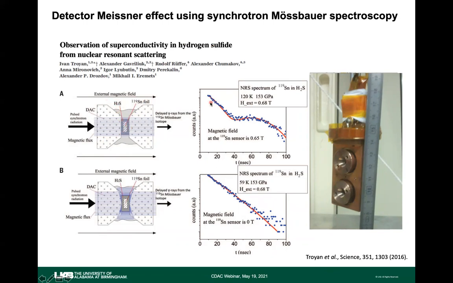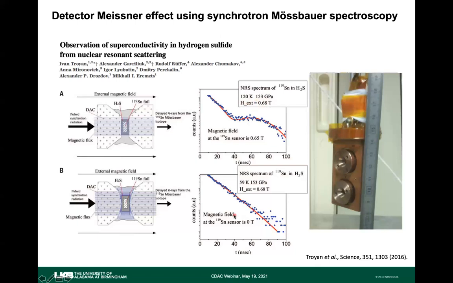When you cool down, a very low external field is applied, less than 0.7 Tesla. And they observe above the superconducting transition temperature, the external field can be seen by fitting this data. That shows on the tin-119 sensor, there is a field similar to the externally applied field.